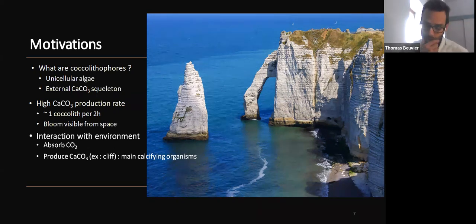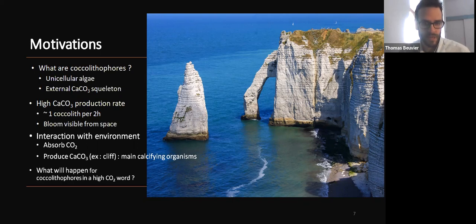This quantity fills the deep of the ocean, and we can see that the cliff, for example, in Etretat is made of this agglomeration of these tiny skeletons.